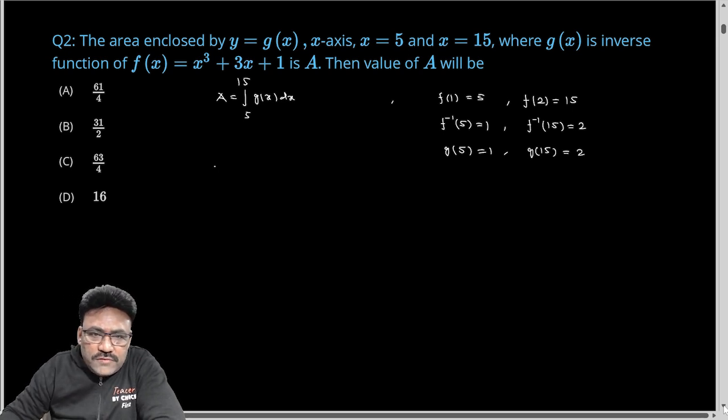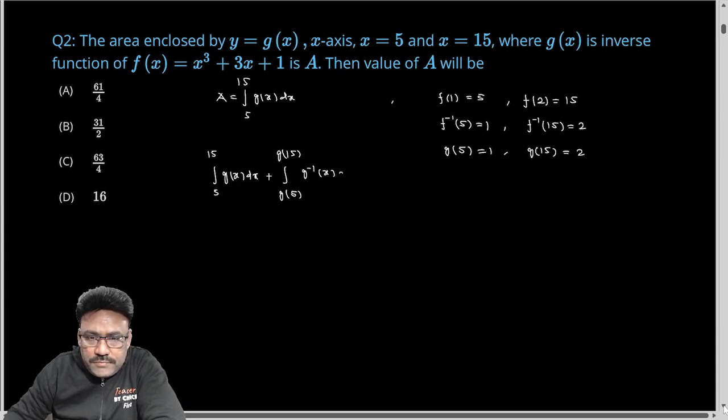Now let's use this standard result: the integral from 5 to 15 of g(x) dx, plus the integral from g(5) to g(15) of g inverse x dx, is equal to 15 times g(15) minus 5 times g(5).